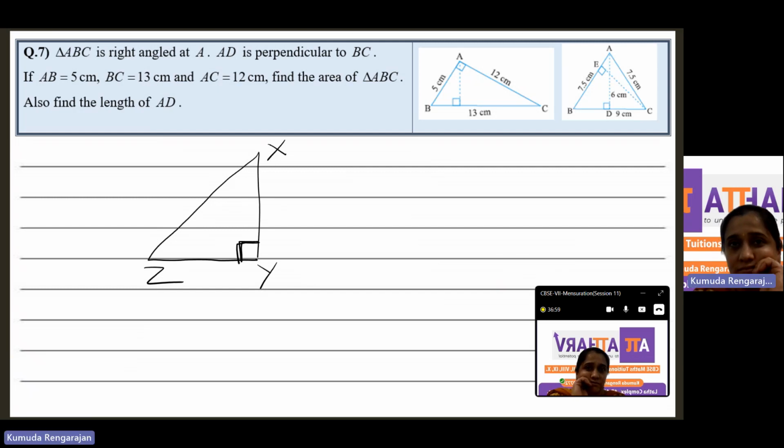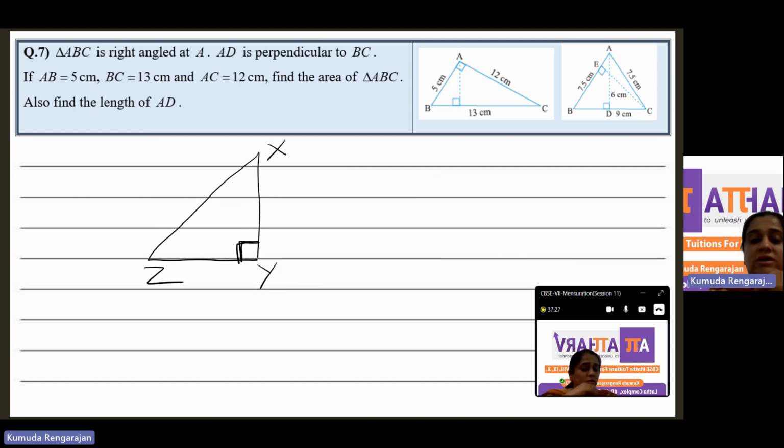So the two sides that make the perpendicular are both smaller than the hypotenuse. The term hypotenuse is used only in right triangles, not in any other triangle.